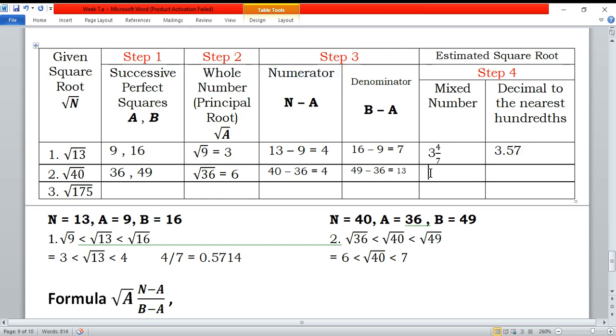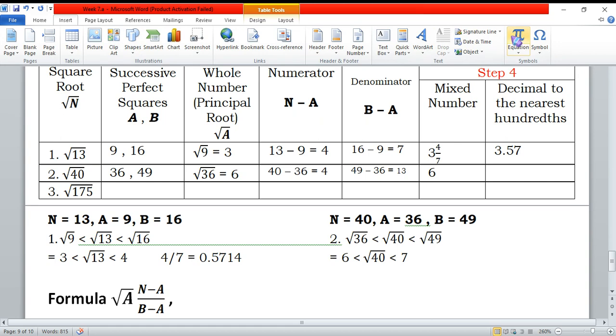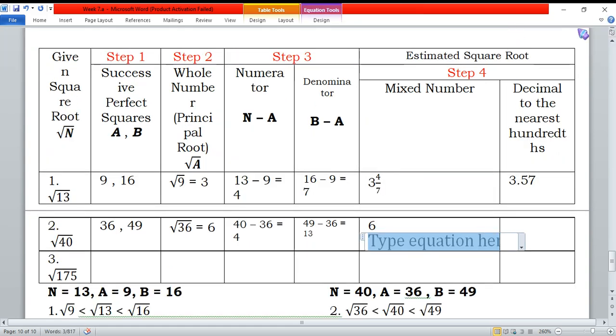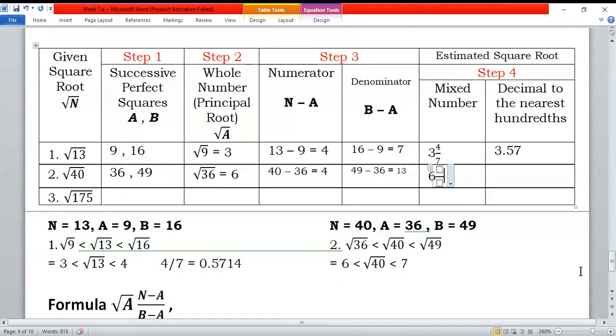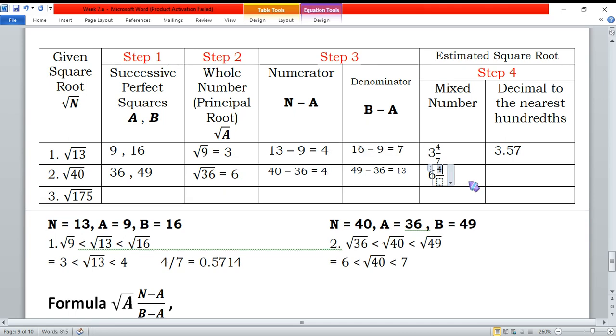So, ngayon, kung mixed number yan, galing dito sa formula na to, so, square root of A. Ang square root of A ay 6. So, dito, lalagay natin ay 6. Tapos, ang fractional part niya, kung itong numerator, siya yung nasa taas.